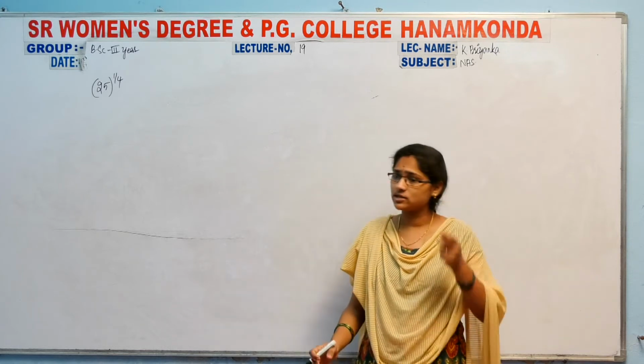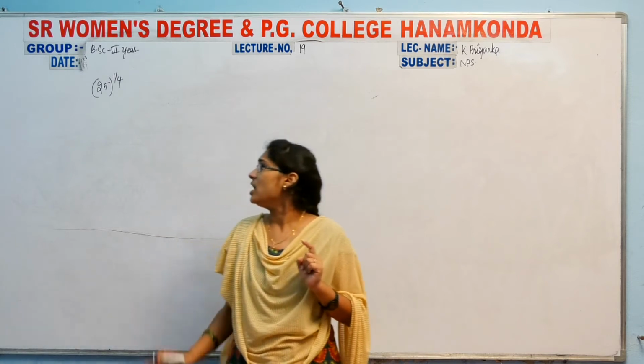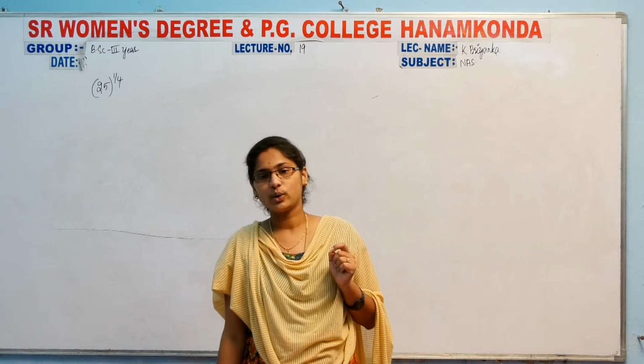So firstly they asked to find the formula, and after that they are asking to find the value of the root for 25 to the power of 1 by 4.